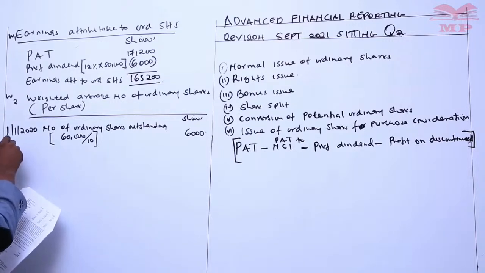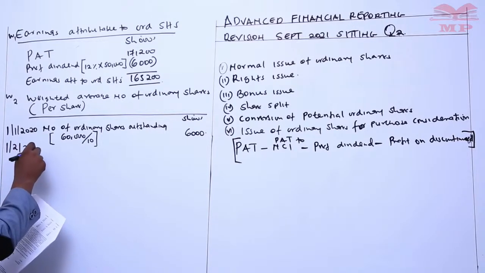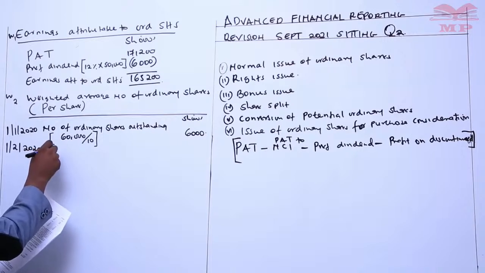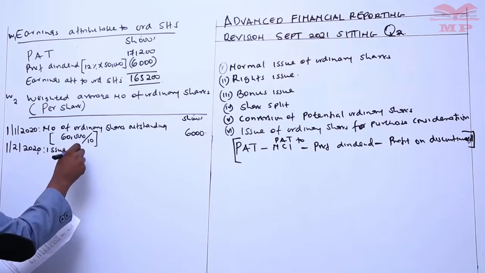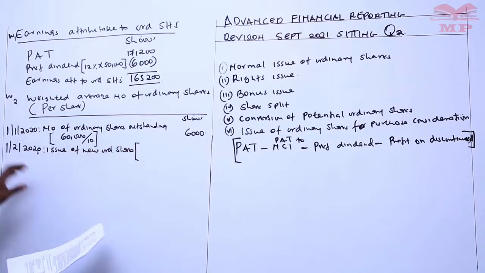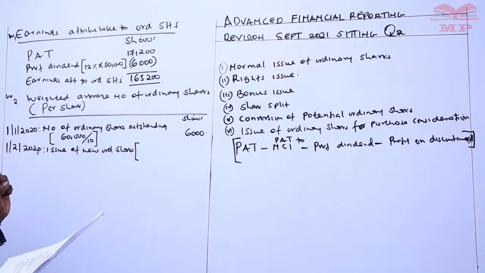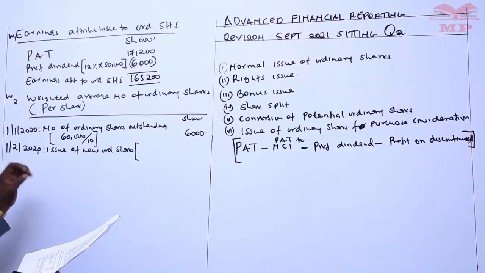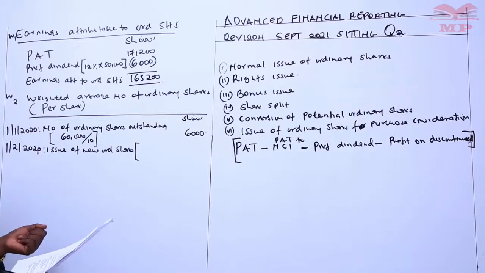So on 1st February 2020, we have issue of new shares. From 1st February to the year end on 31st December. So our financial year begins on January and ends on 31st December. Very okay for us.